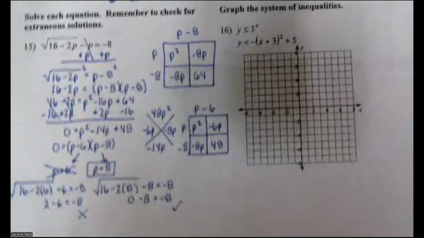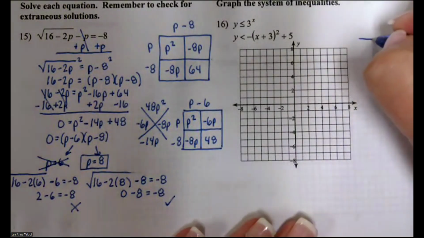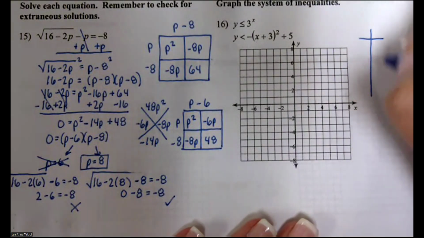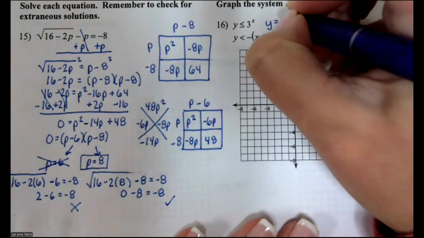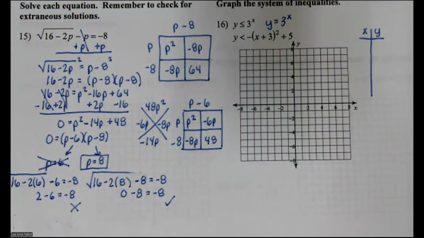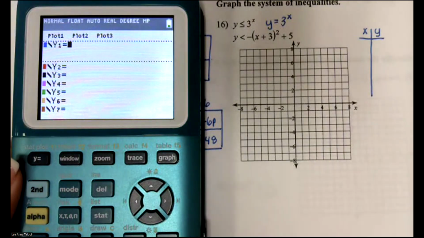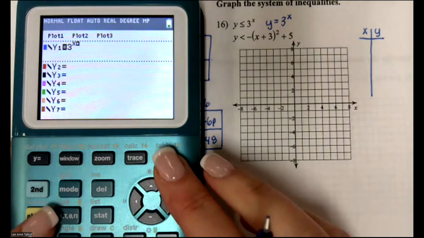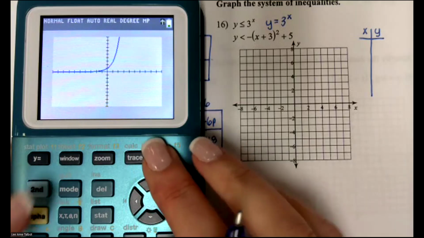First one, exponential. That's weird. But remember, we have a graphing calculator, so we're not on a quiz. We can cheat a little bit and get the table from here.